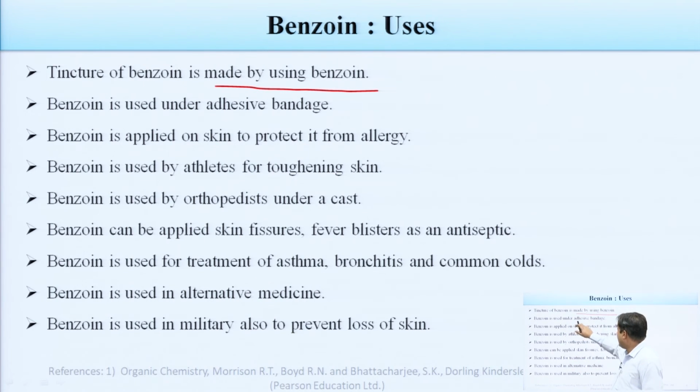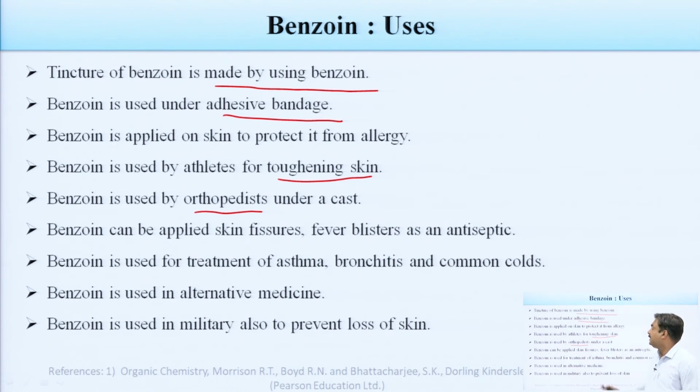Benzoin is used under adhesive bandages. It is applied on the skin to protect it from allergy. It is also used by athletes for toughening the skin. It can be used by orthopedists under the cast. Benzoin can also be applied on skin fissures and fever blisters as an antiseptic.